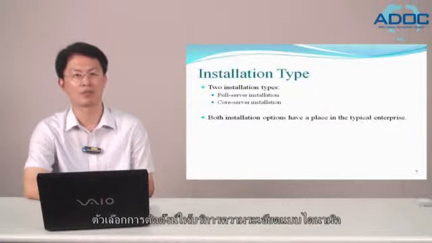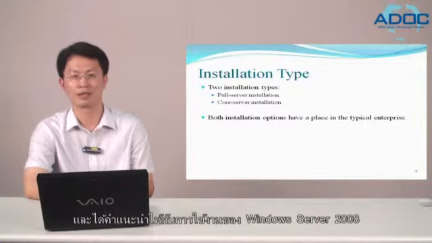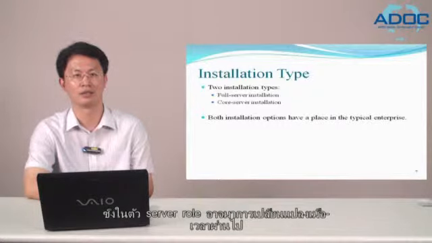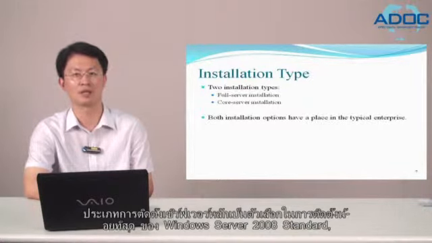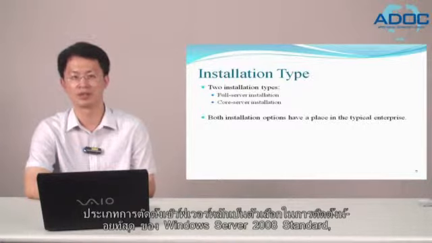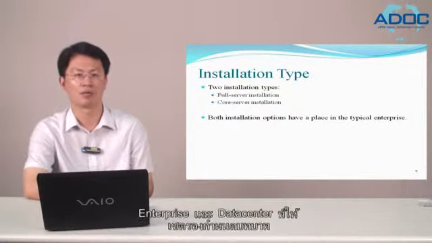This installation option provides the most dynamic solution and is recommended for deployment of Windows Server 2008 in which the server role may change over time. Second, core server installation. The core server installation type is a minimal installation option for Windows Server 2008 Standard, Enterprise, and Datacenter that provides a fixed subset of roles.